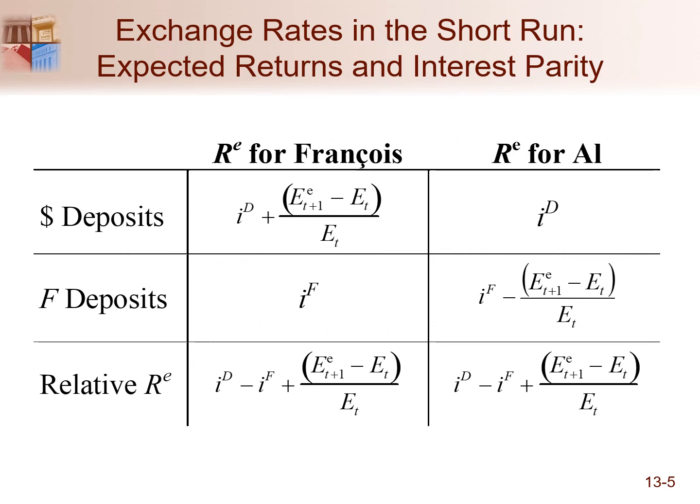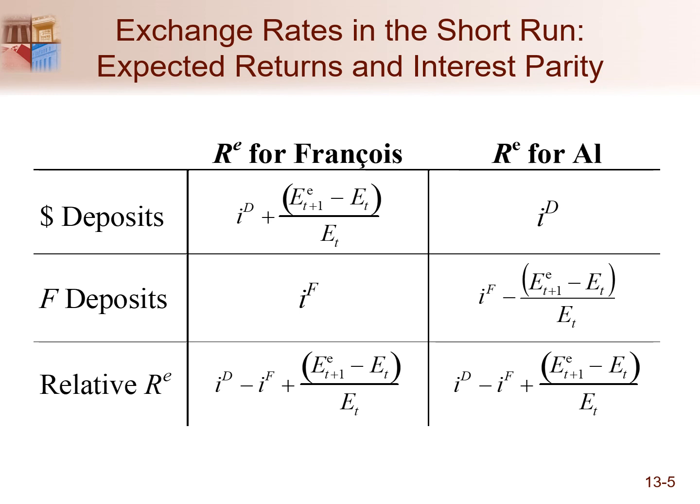Now, if you look at this example, these are dollar deposits, and these are French deposits, or euro deposits. The expected return for Francos would be the interest rate on dollars plus the expected change in the exchange rate, and he will add that up and get a return.